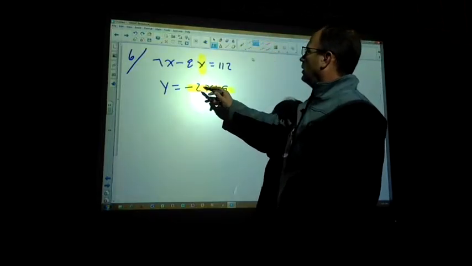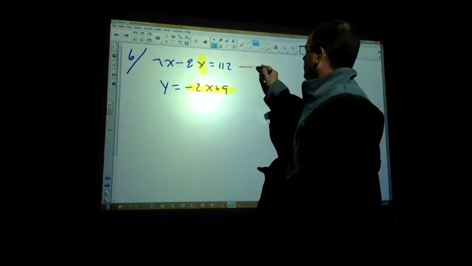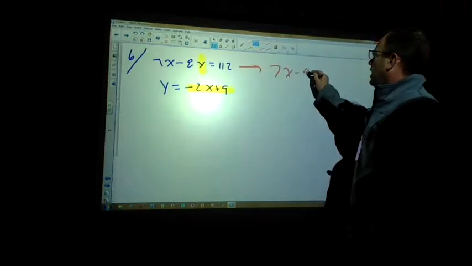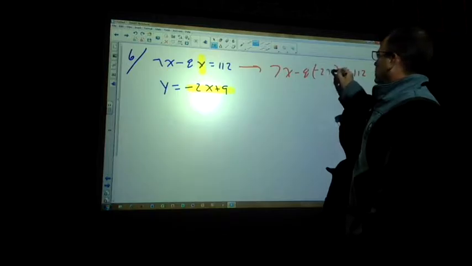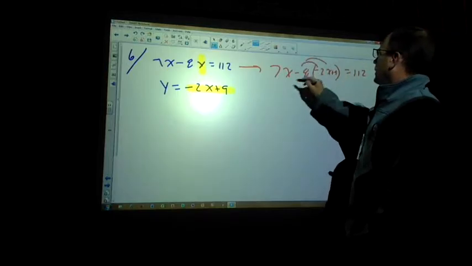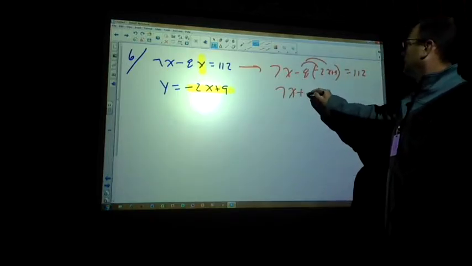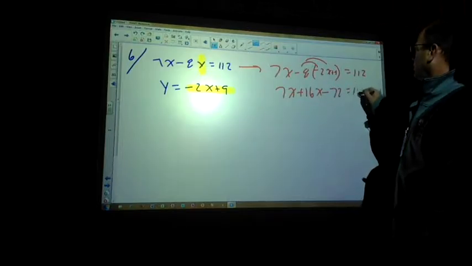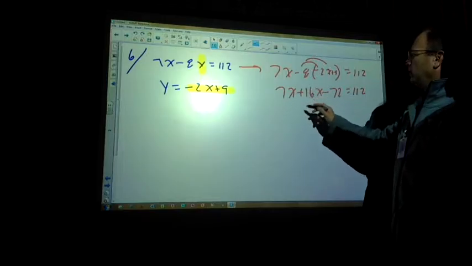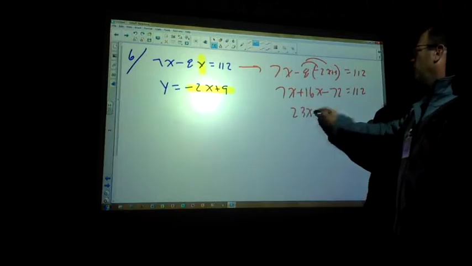All right, so I'm going to take this top equation, modify it, so I have 7x minus 8 equals 112. So I'm going to plug negative 2x plus 9 in. Distribute here. Plus 16x minus 72 equals 112. That's 23x.